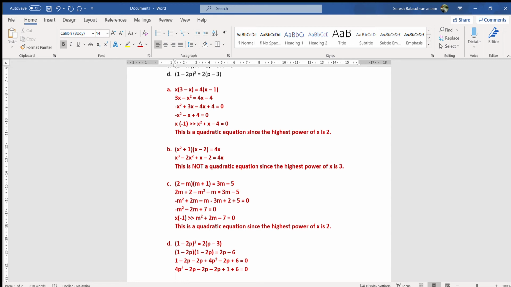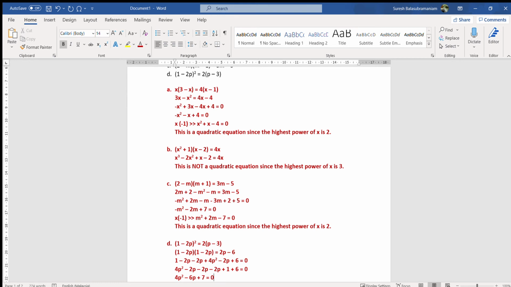So rewriting, simplifying, 4p square minus 6p plus 1 plus 6 is 7, okay, equals to 0.